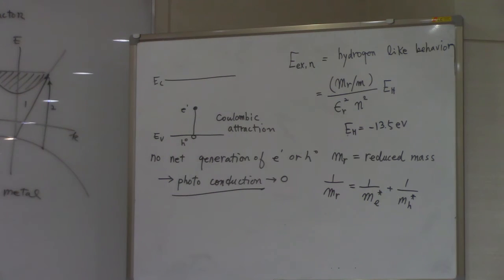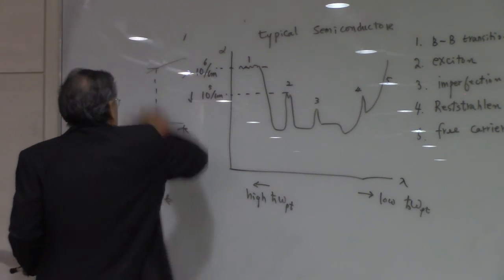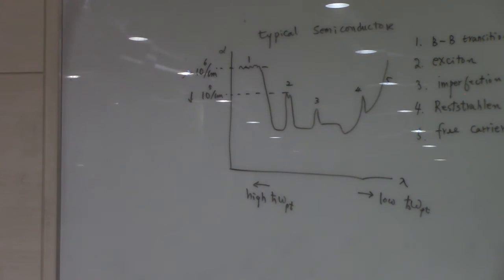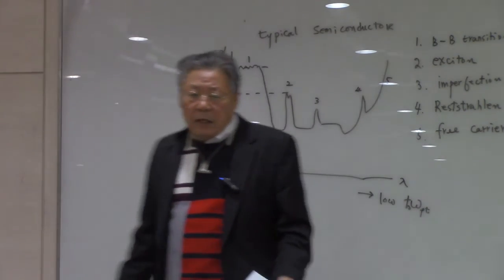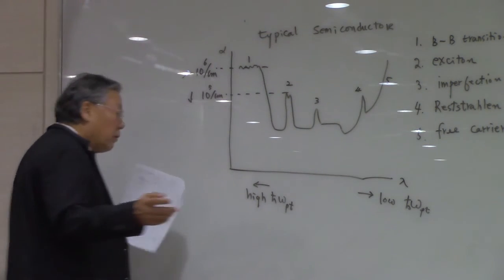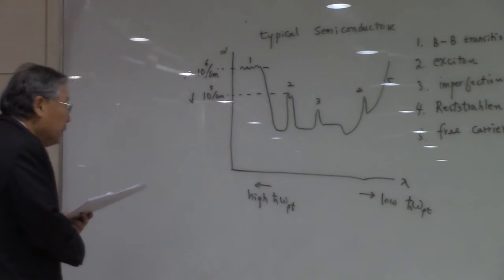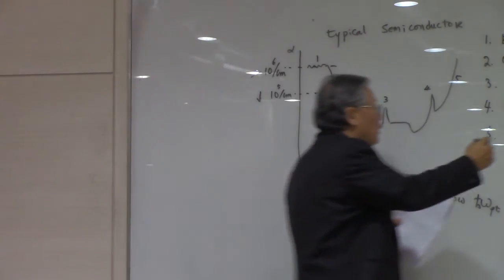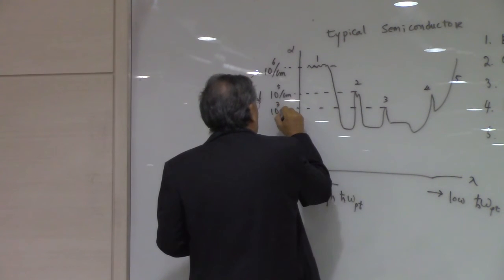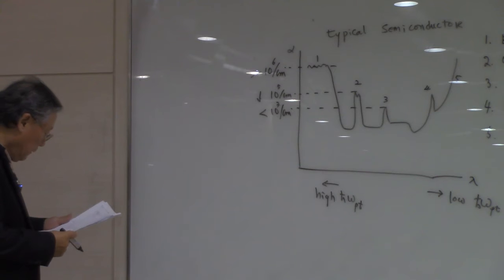Okay, the imperfections. We are going to have many different kinds of imperfections in a solid, right? Dislocations, grain boundaries, and voids, even cracks, whatever. We are going to have many different kinds of microimperfections. And for imperfections, the alpha is going to be about 10^3, typically less than 10^3, okay?